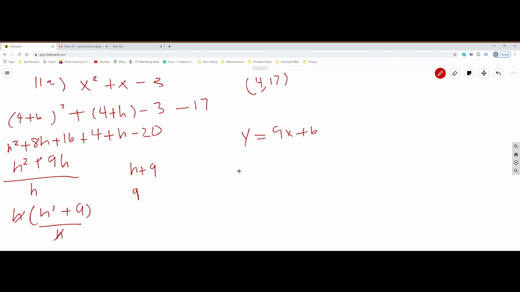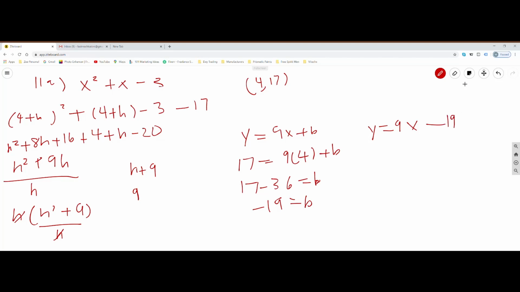Substitute the points that you have. 17 equals 9 times 4 plus b. 17 minus 36 equals b, negative 19. Y equals 9x minus 19.